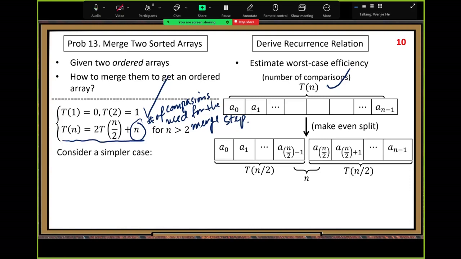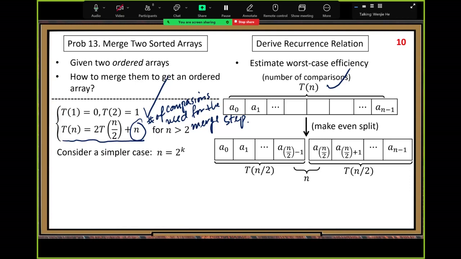In order to make our discussion relatively simpler, here we consider n equal to a power of 2. But later, we do not need this assumption, because we're doing an estimate, so we can use fractional formulas.